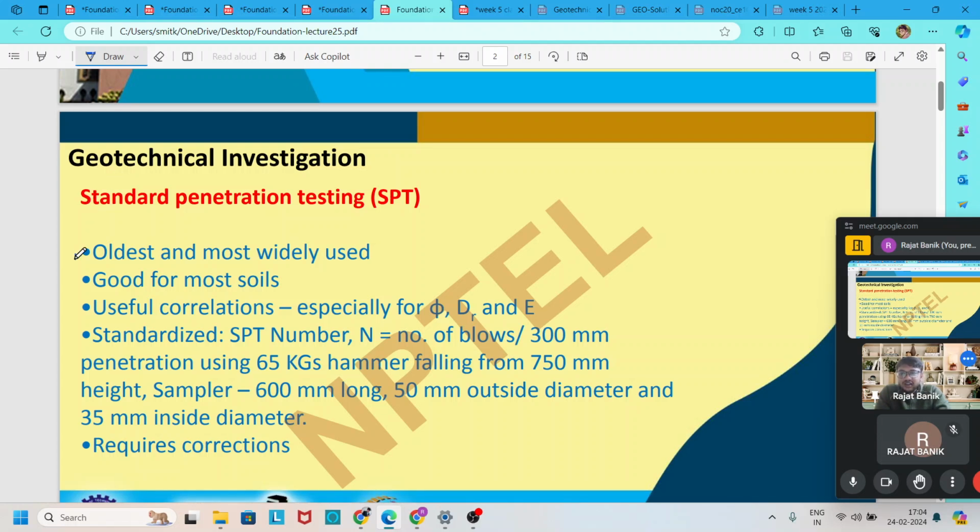It is said that it is the oldest and most widely used method and is good for most types of soil. We can use this SPT test in different types of soil, and that's why it can be used readily and widely.